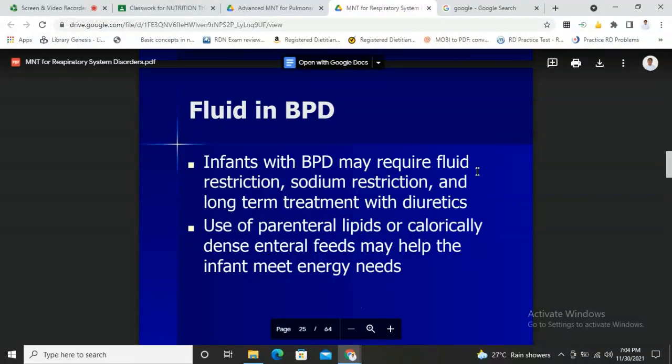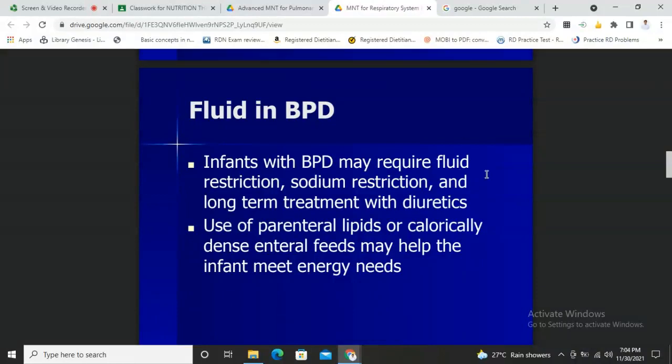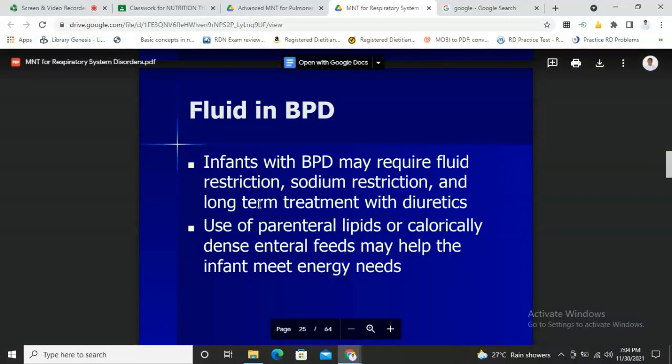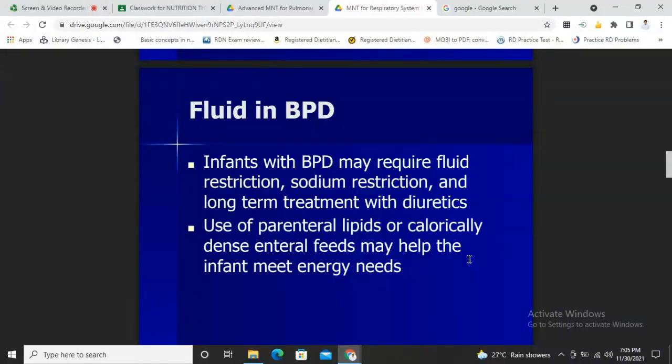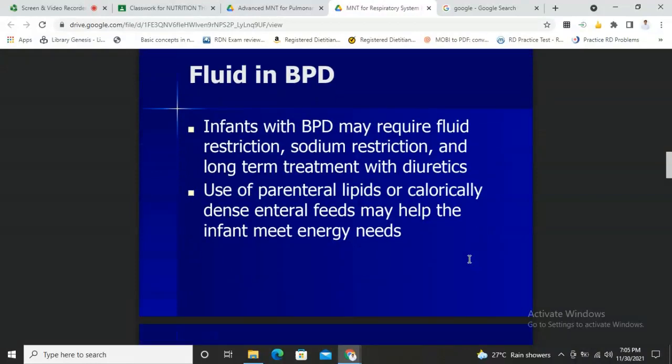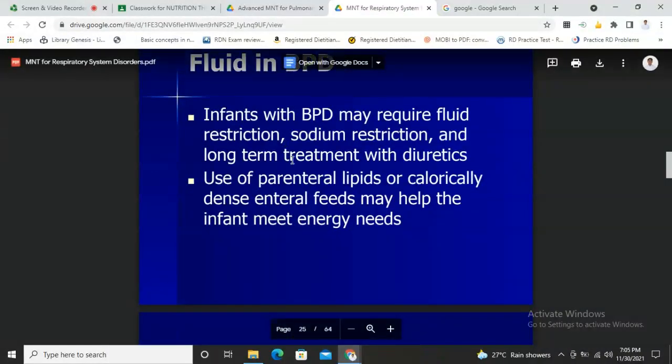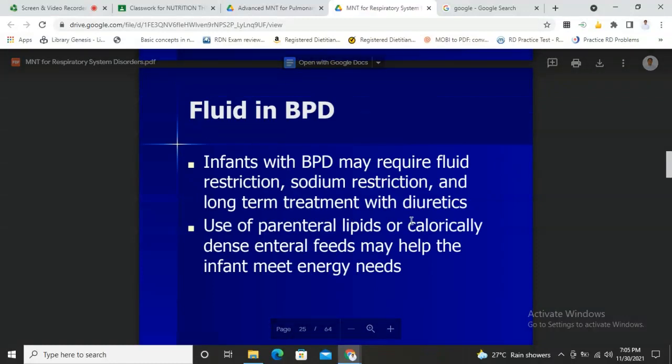Okay, so check if the infant has edema, and depende po, no, sa level of edema, no. Okay, normally if naay edema nga mild, ang sodium lang i-restrict, no. Okay, but if severe na, then both sodium and fluid are restricted. Okay. Use of parenteral lipids or calorically dense enteral feeds may help the infant meet energy needs, okay, despite the fluid restriction that may be prescribed.